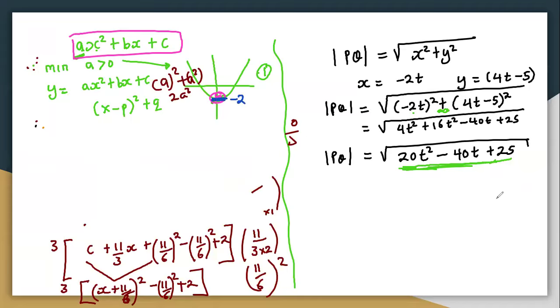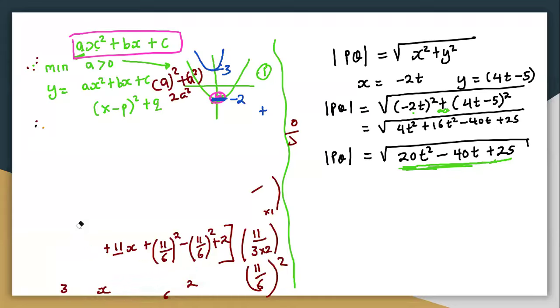But there are cases where your graph will cut up here, like here. So this you'll find that the answer is positive. So the negative means your curve is below the x-axis. In case you find that you are getting a plus, it means your curve is above the x-axis. Hope the math is mathing.